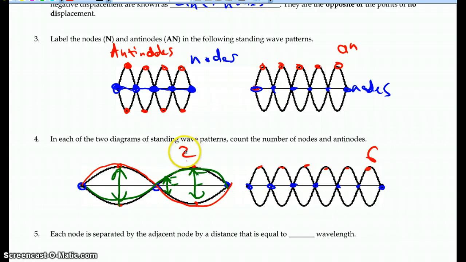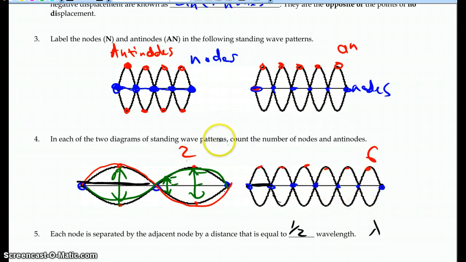In terms of the effect on the wavelength, the distance between two nodes, so from here to here, on this one from here to here, if you look at the overall shape of a cycle, it would actually go all the way over here. So the distance between two nodes is equal to 1/2 of the wavelength, lambda.